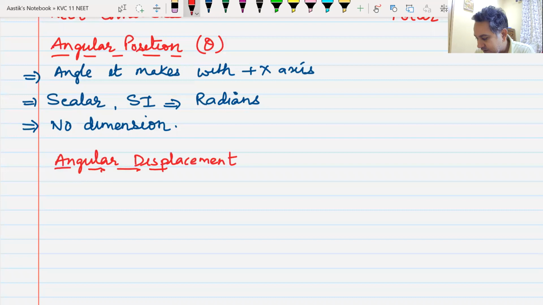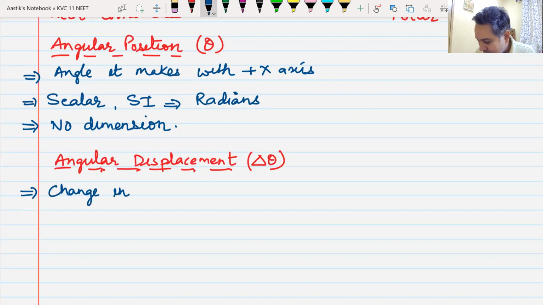Now, how do I denote this term angular displacement? It is known as delta theta. Delta means change, theta means angle. So how do I find this angular displacement? This is nothing but the change in its angular position.